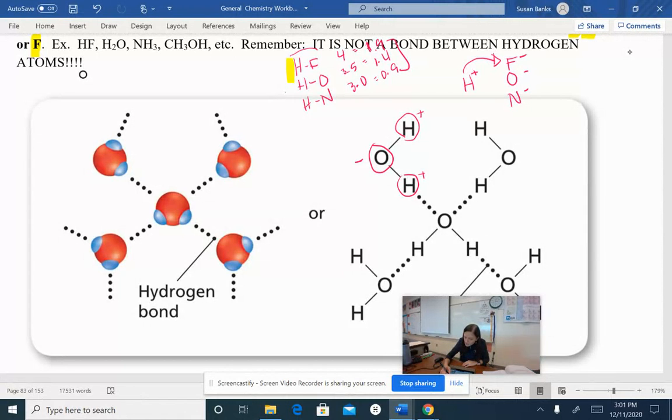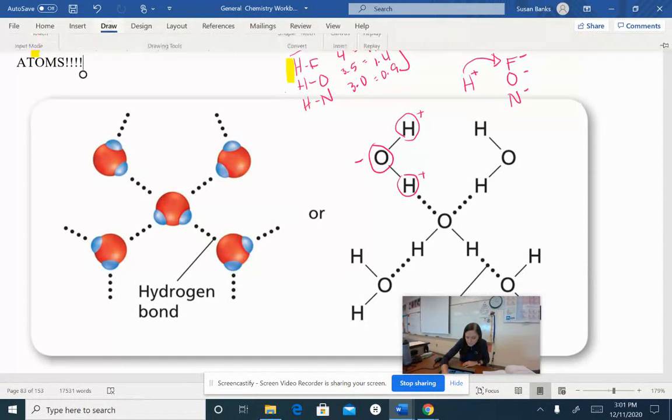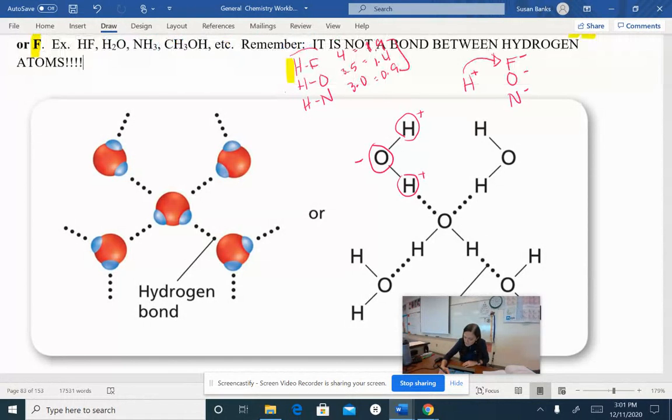So the hydrogen regions of one molecule will line up pretty well with an oxygen region on another molecule, because remember, opposites attract. So we get hydrogen bonding between different molecules where we have regions of high positive areas and regions of high negative areas. And this is why water is a liquid at room temperature and not a gas.